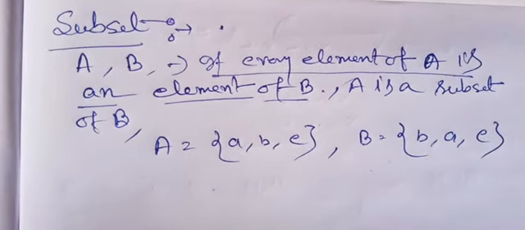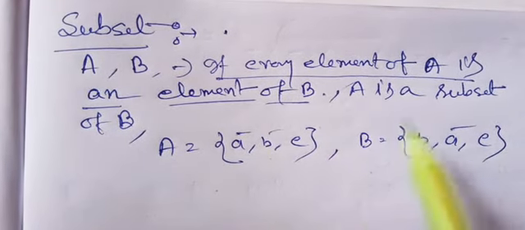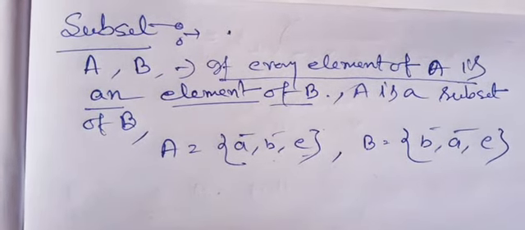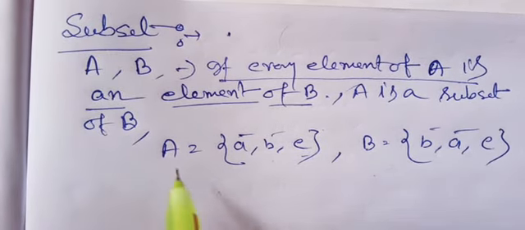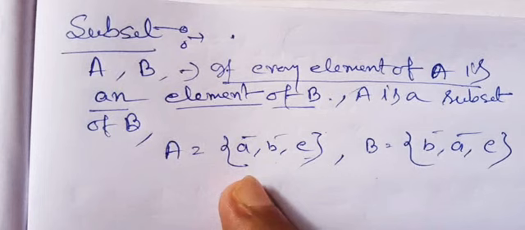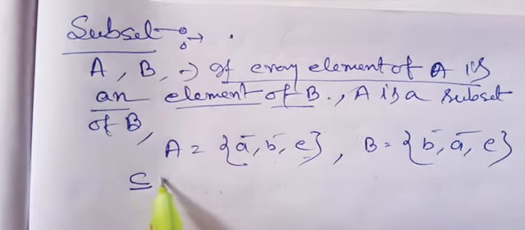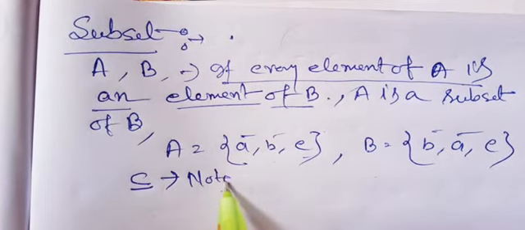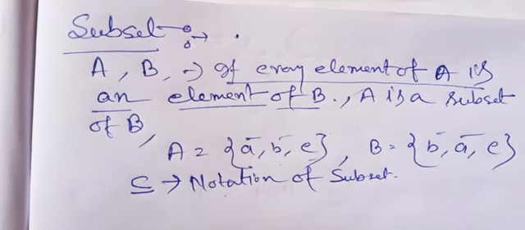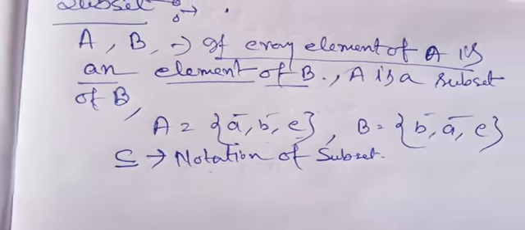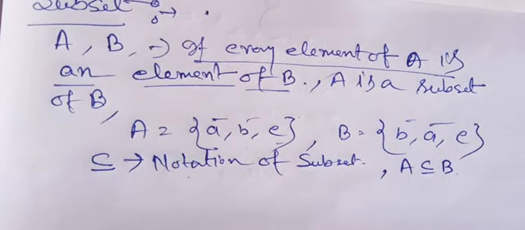Here a is present, b is present, and c is present in B. So we can say that A is a subset of B, and this is the notation of subset.